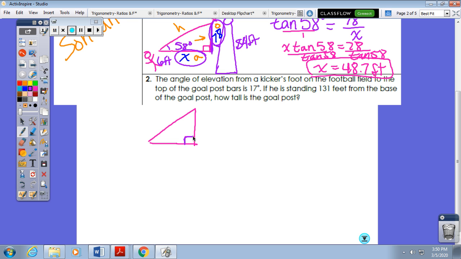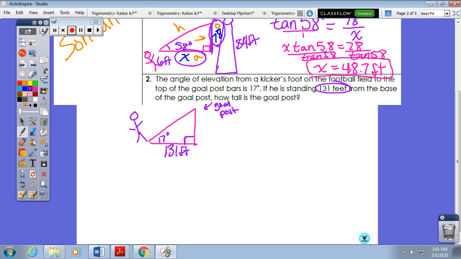The angle of elevation from the kicker's foot, standing there, to the top of the goal post, which is over here, is 17 degrees. He's standing 131 feet from the base of the goal post.